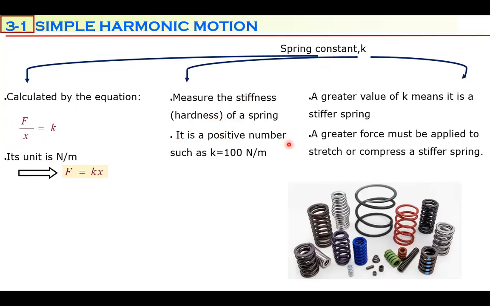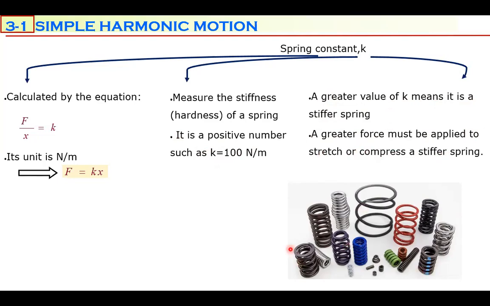It's a positive number, like 10, 100, or 1000. As stiffness increases, this number increases, and a less stiff spring will have a smaller k, but it's always a positive number. A greater value of k means it is a stiffer spring, which means a greater force must be applied to stretch or compress a stiffer spring.